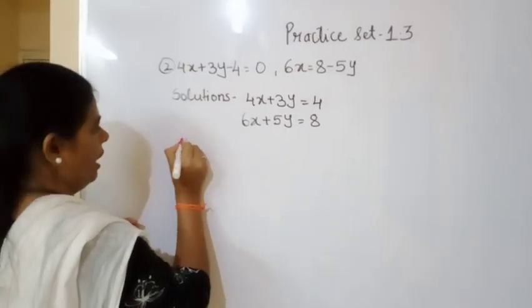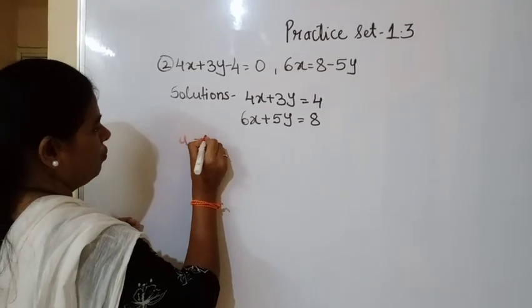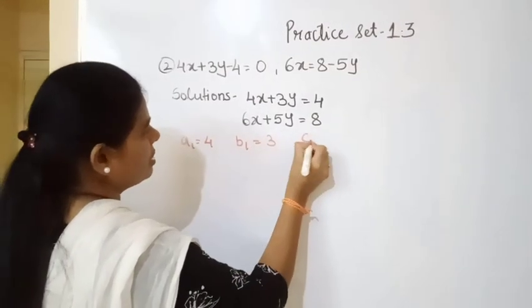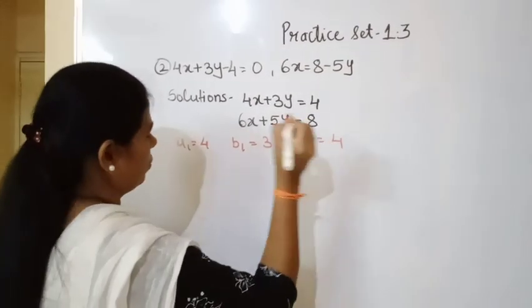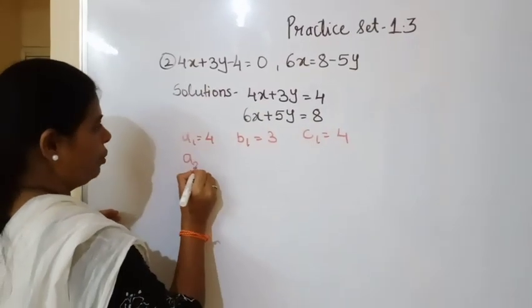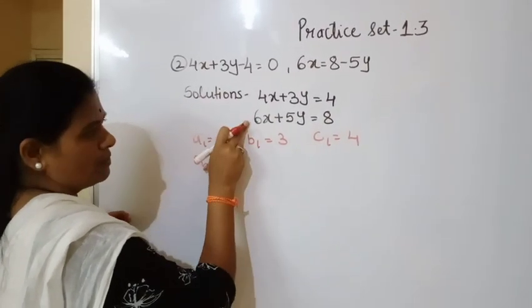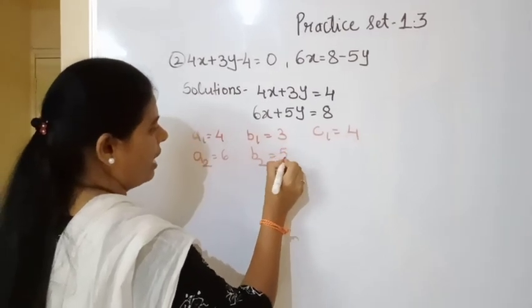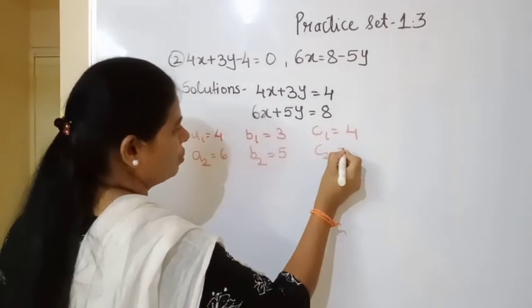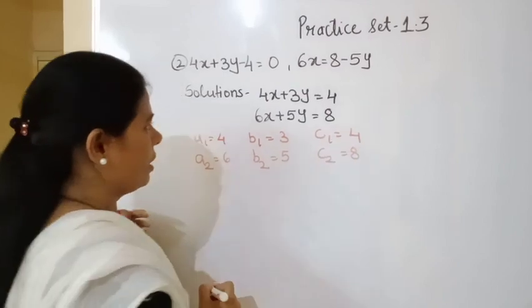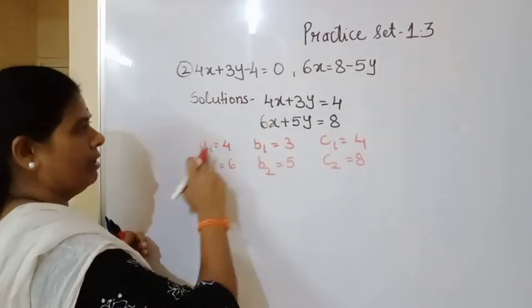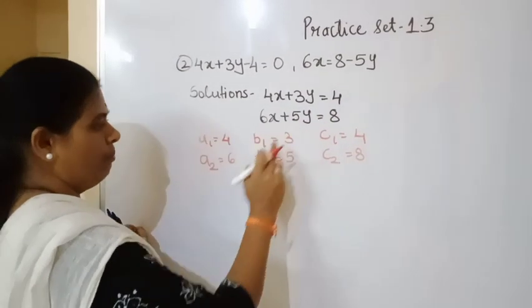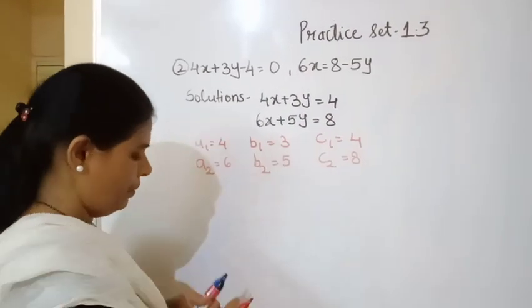Here a1 equal to 4, b1 equal to 3, c1 equal to 4, a2 equal to 6 of the second equation, b2 equal to 5 and c2 equal to 8.